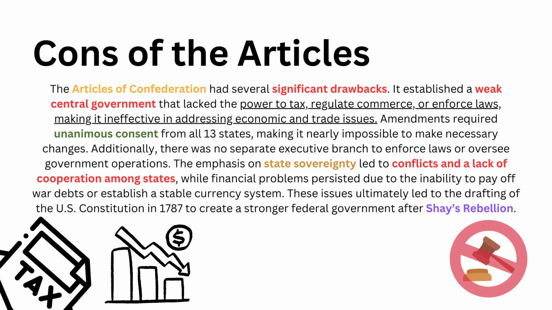Additionally, there was no separate executive branch to enforce laws or oversee government operations. The emphasis on state sovereignty led to conflicts and a lack of cooperation among states, while financial problems persisted due to the inability to pay off war debts or establish a stable currency system. These issues ultimately led to the drafting of the U.S. Constitution in 1787 to create a stronger federal government after Shays' Rebellion.